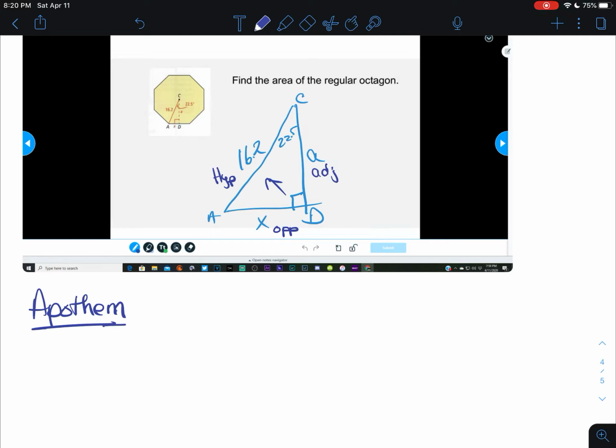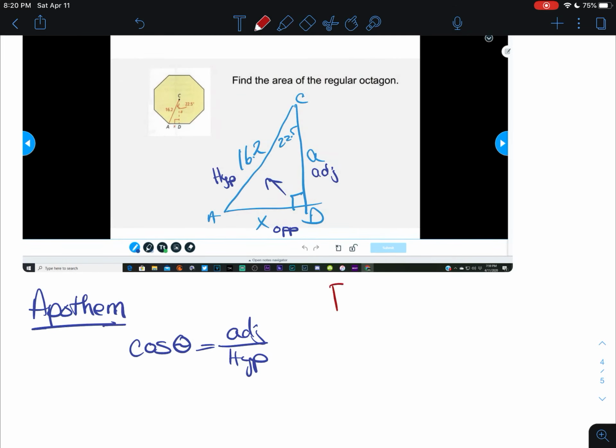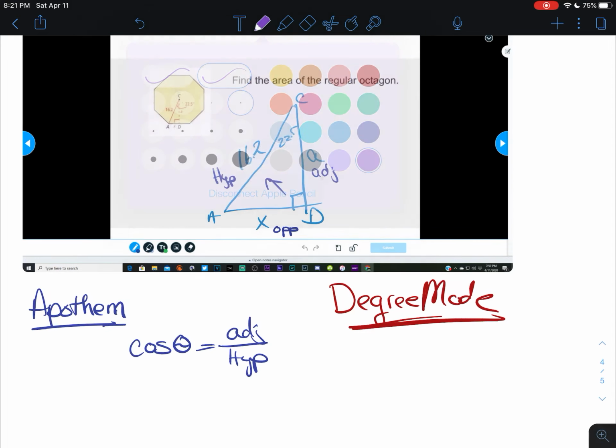So adjacent over hypotenuse, that's going to be the cosine, because the cosine of theta is adjacent over hypotenuse. Key thing, this is critical, make sure you are in degree mode on your calculator. Otherwise, you'll end up with some really weird numbers.